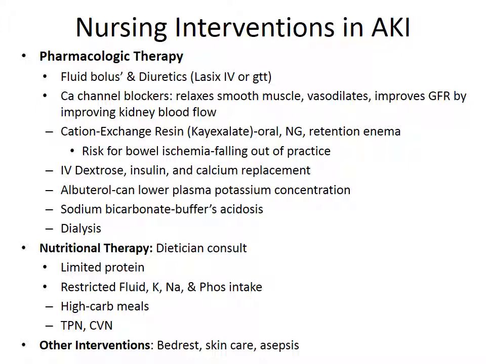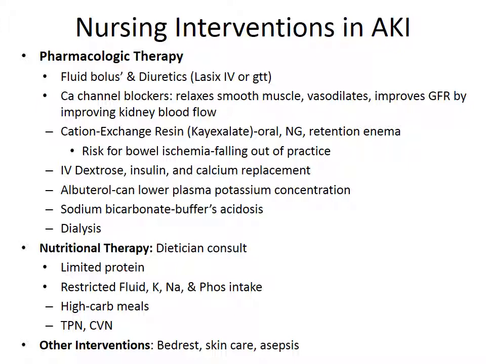They can be given orally in the alert patient, NG in the patient with an NG tube, or by retention enema for those patients that are unresponsive. One of the risks of cation exchange resins is that there can be bowel ischemia, so this practice is actually going away. Another option for your patients in AKI is IV dextrose mixed with insulin.